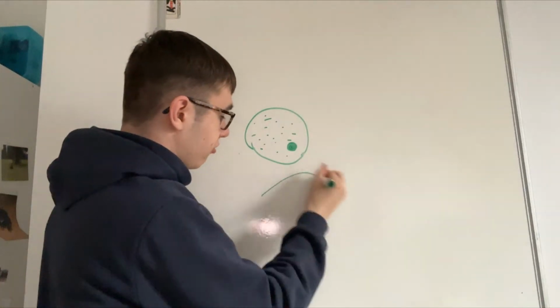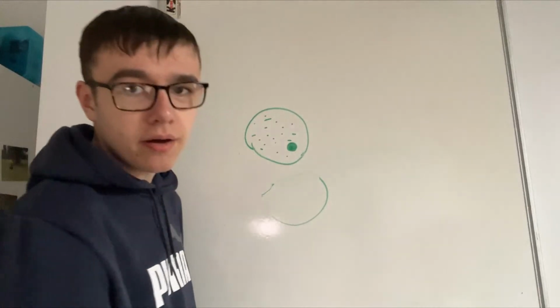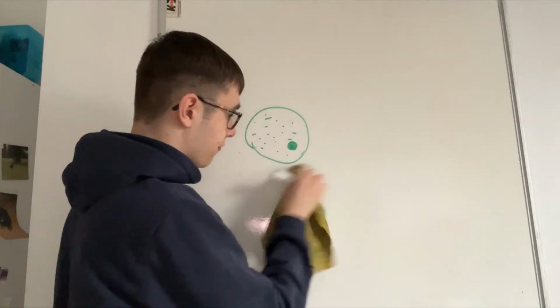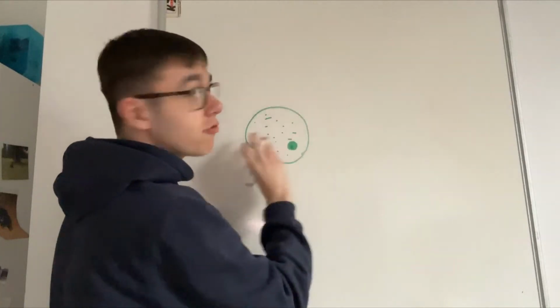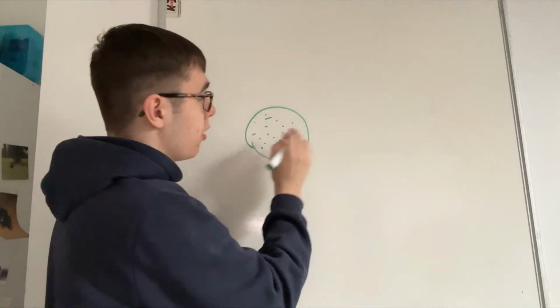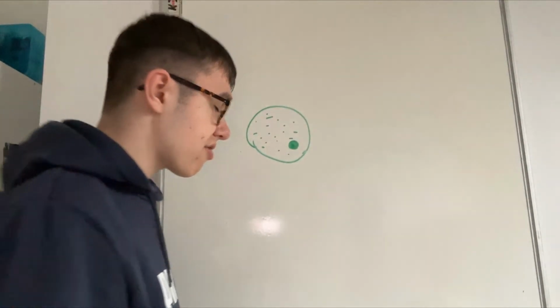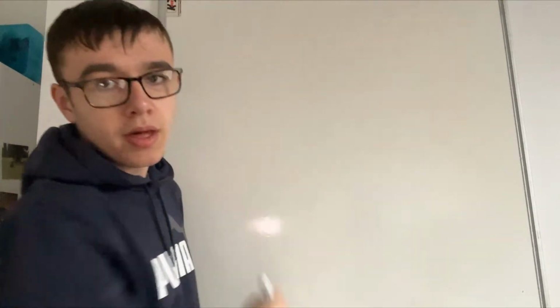So literally just drawing a circular shape with a nuclei, ribosomes, things like that, mitochondria, obviously the cytoplasm, which I guess could just be a colourless blob, and then obviously the cell membrane, which controls what goes in and out of a cell.